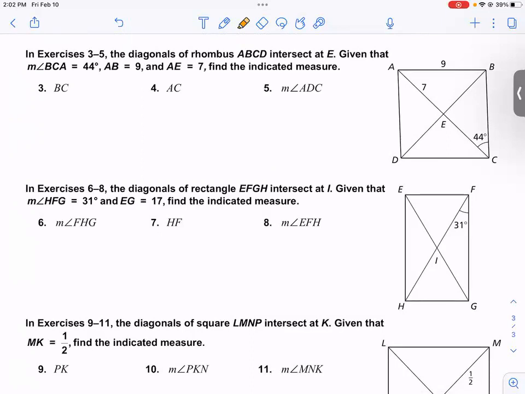We have 4 sides that are congruent. So go ahead and label all of these 9. We also know that in a rhombus, the diagonals are perpendicular.